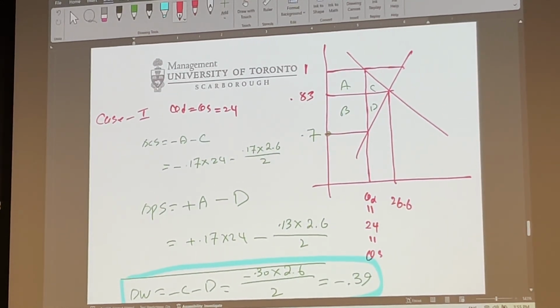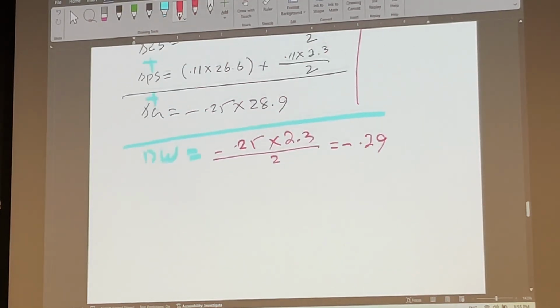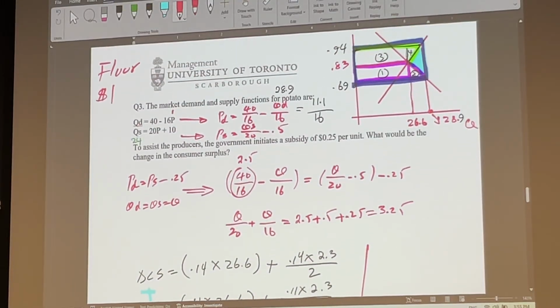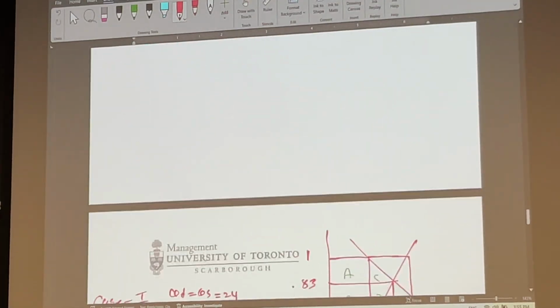We're not going to be producing 24. We'll produce more. Put one in the supply and see what you get. That is 30. Right?